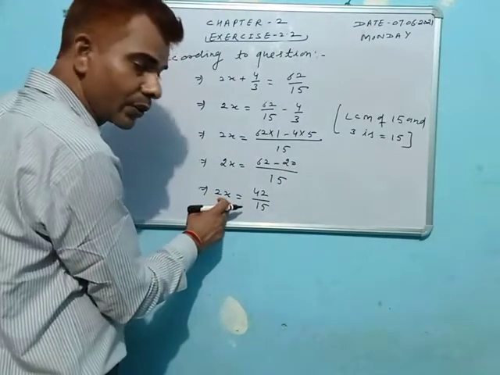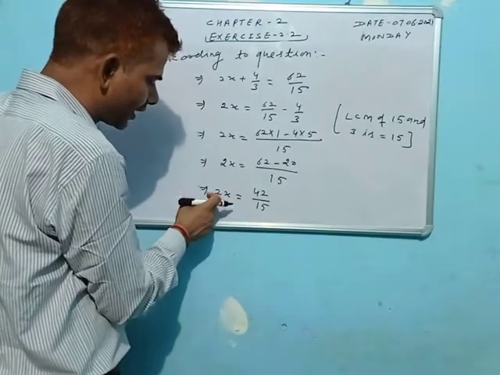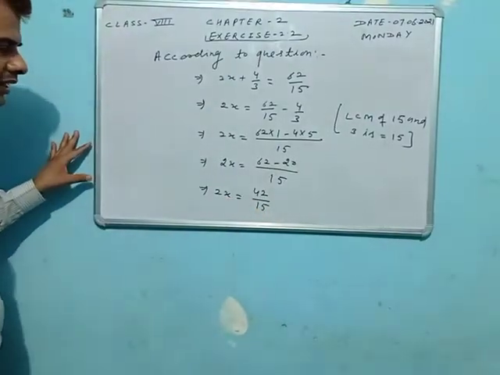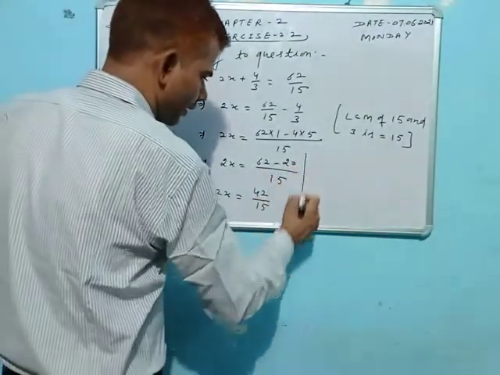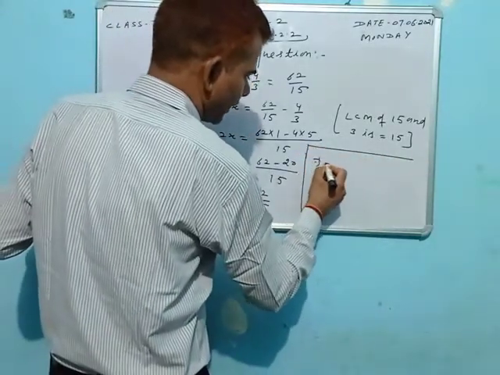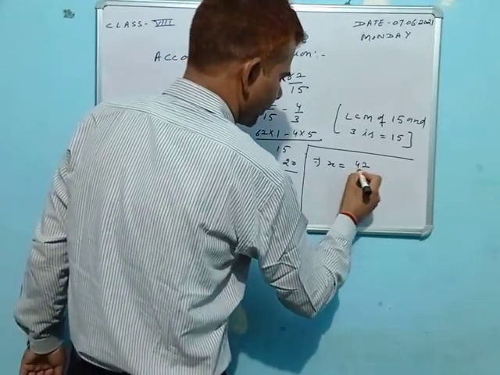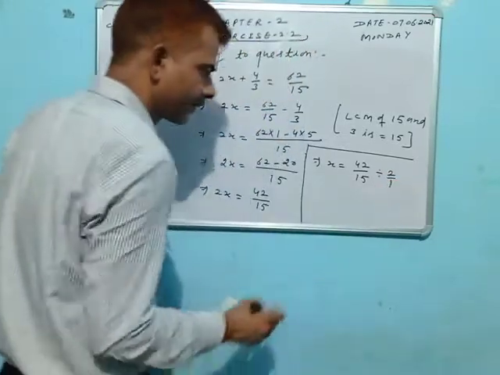Now we have to find out the value of x. 2 is multiplied with x, so it will transfer from the left hand side to the right hand side. It will divide 42 by 15. Now students, x is equal to 42 by 15 divided by 2 by 1.